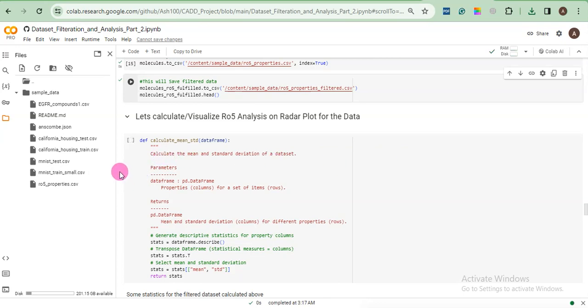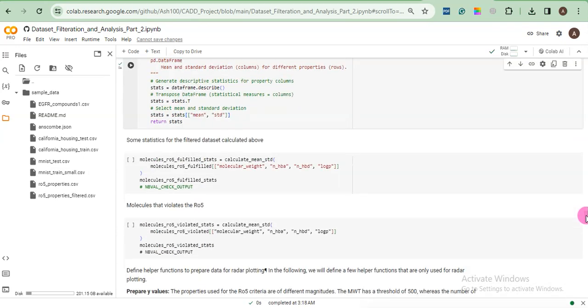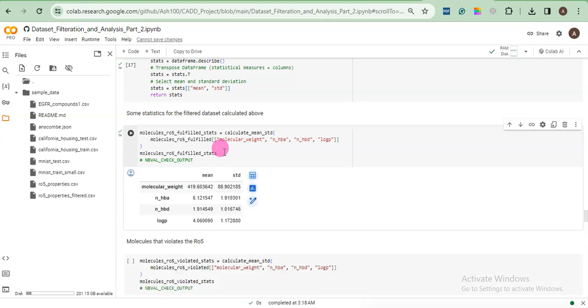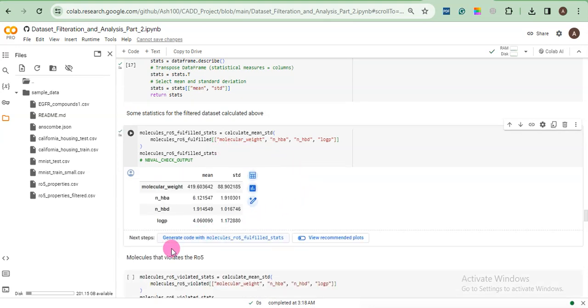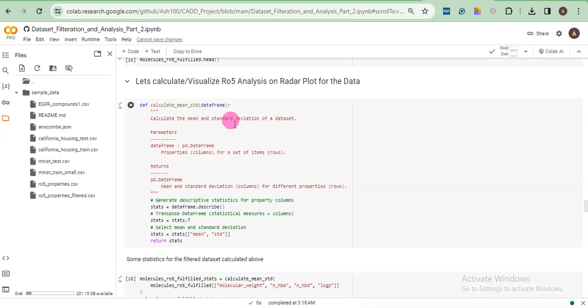Now we are going to visualize the Ro5 analysis on a radar plot. Here we have generated two data sets. What we did here, we analyzed the whole data on Ro5 on a radar plot for Ro5, because I told you what a radar plot does.